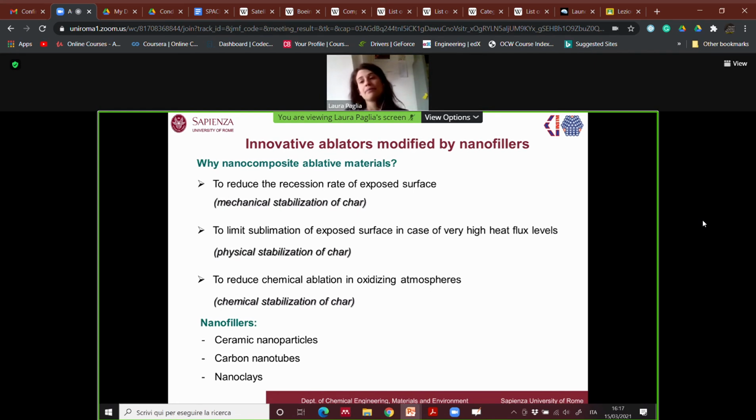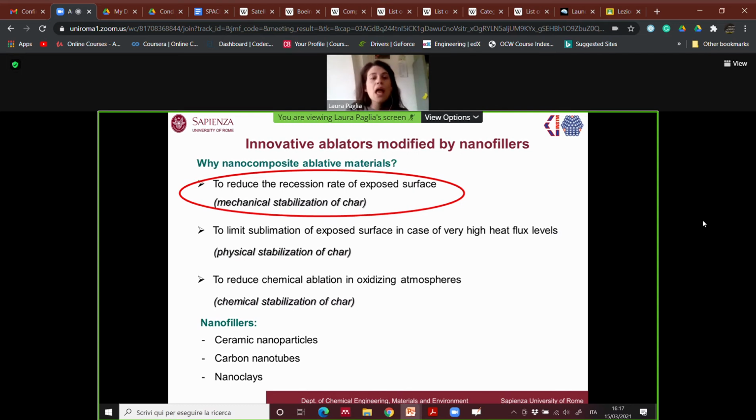And nanofillers are very interesting. The purpose of putting some nanofiller inside an ablative material could be to reduce the recession, for example, of the exposed surface. And so we speak about mechanical reinforcing produced by the introduction of the nanofiller.